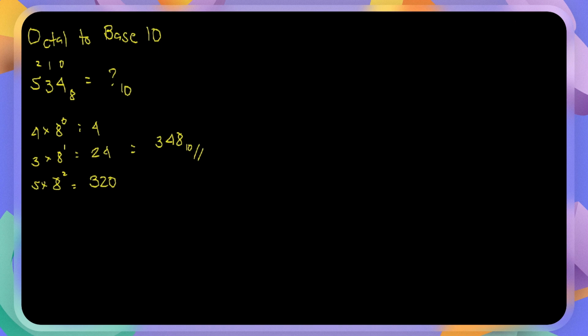Now I'm going to show you the faster method, in my opinion. So if you're familiar with octal to binary, you should know that the binary numbers are actually lined up in groups of 3, like so.